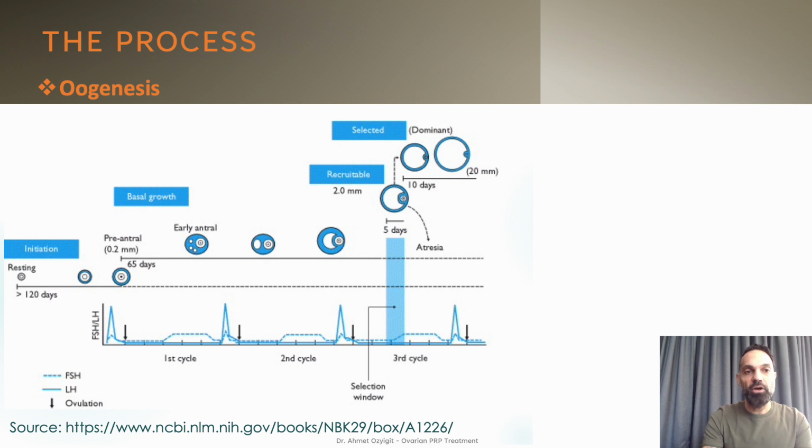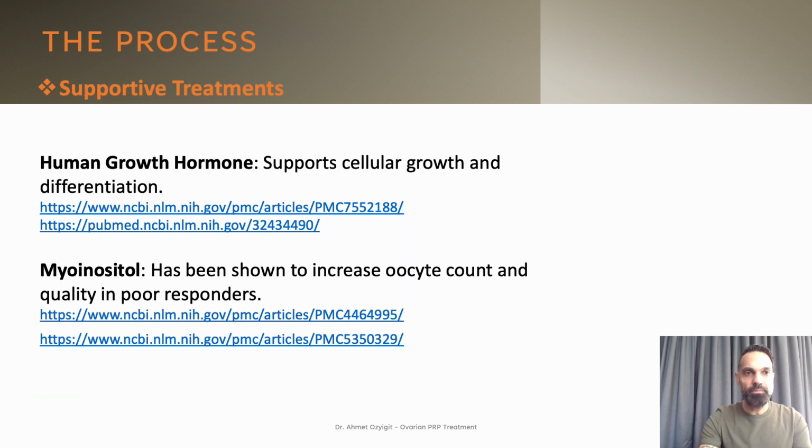This would give us about 80-85 days until this stage from the primordial follicles into ovulation. So this would give us the time frame that we would need for the primordial follicles to grow and become larger eggs that are viable and that can give us embryos.